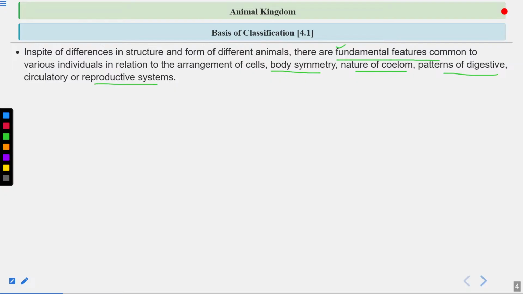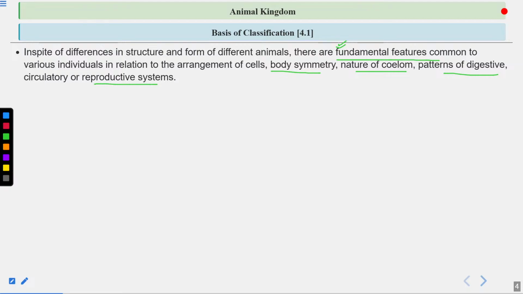So, what are the fundamental features? Fundamental features are those features that are present in every organism, so we must know what the fundamental features are.